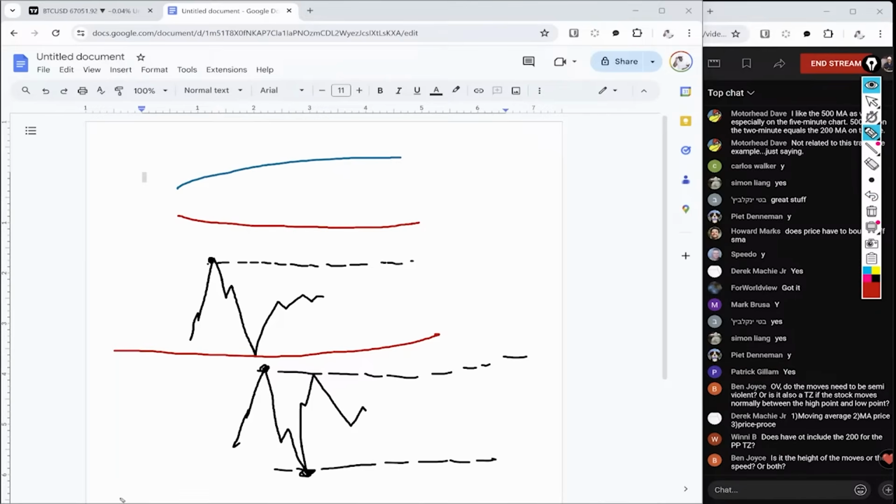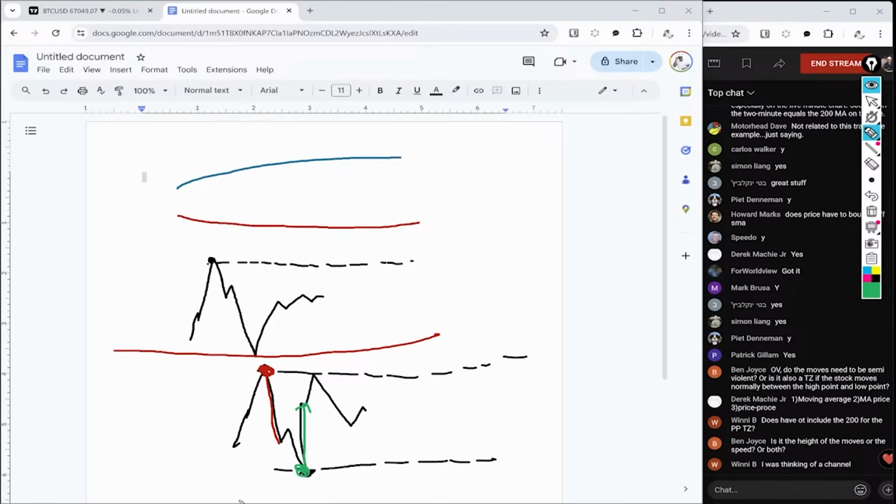I show you the 200 there because I wanted to show you that in this scenario, the moving averages don't matter as much as the 2 points of the origin of violence. This is the origin of violence to the downside. This is the origin of violence to the upside. And now you're trapped between 2 origin points for violence.